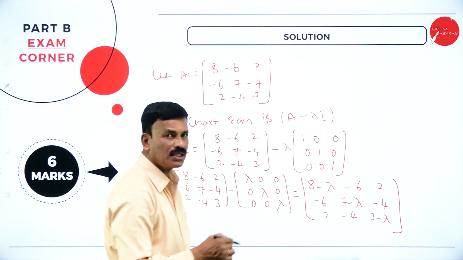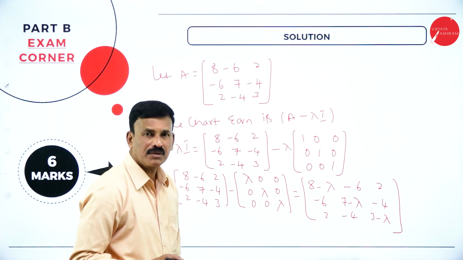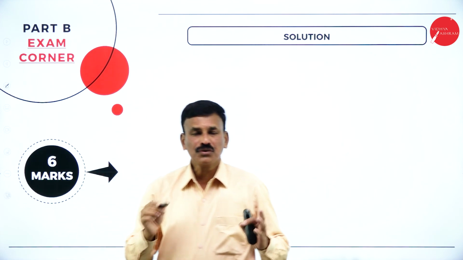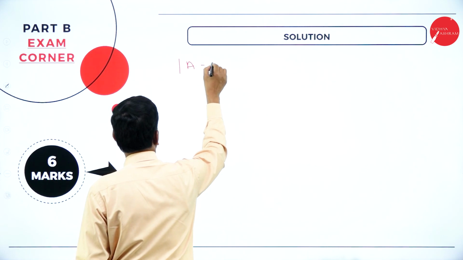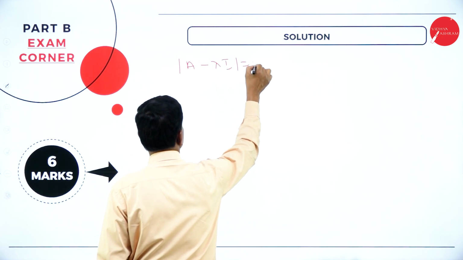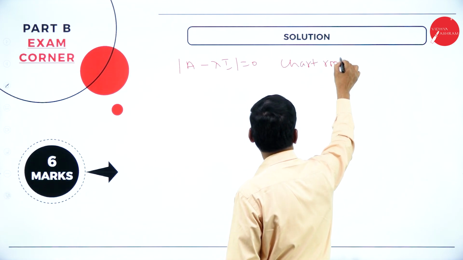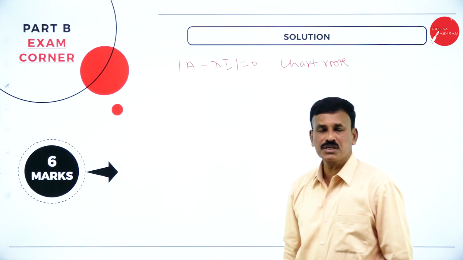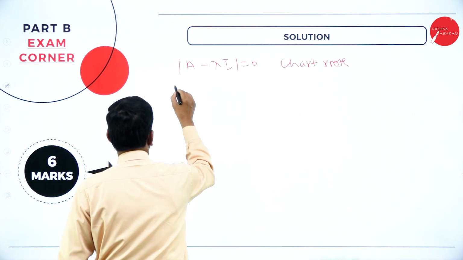Only the diagonal elements change: 8 minus lambda, 7 minus lambda and 3 minus lambda. Now, to find the eigenvalues, equate the determinant of A minus lambda I to 0, which gives the characteristic roots.